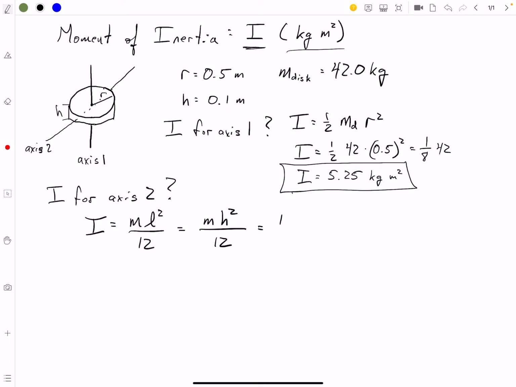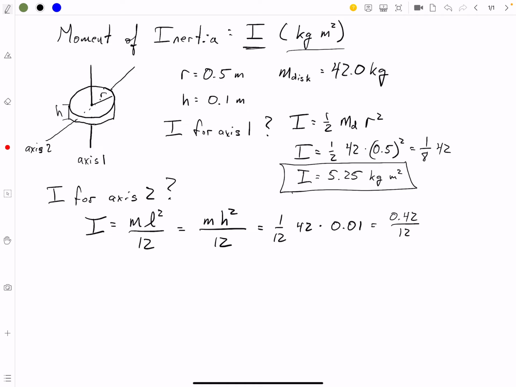And so now we've got 1/12 times 42 times 0.1 squared. 0.1 squared is 1/100th, so it's 0.01. And we're dividing all that by 12. So essentially we're taking 0.42 and dividing it by 12. So where's my calculator? My trusty, good old trusty.